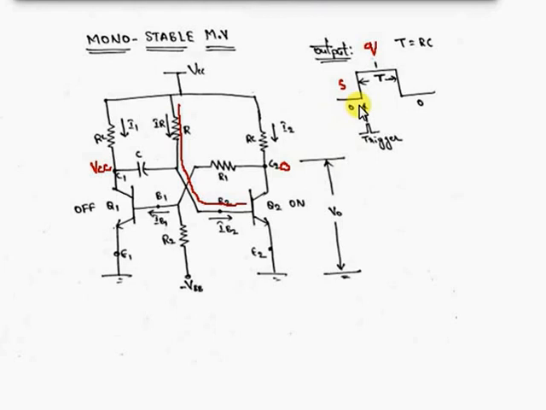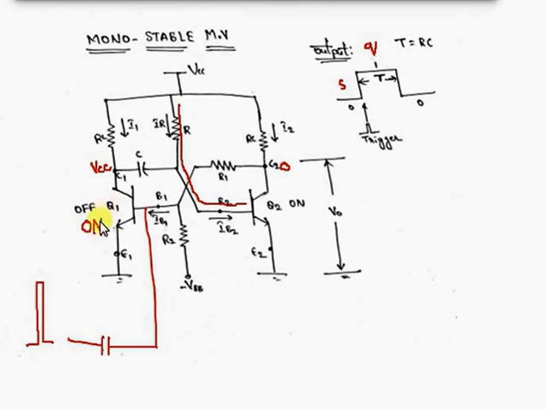In order to change the state from 0 to 1, we have to apply an external trigger at the base of transistor Q1. The external trigger should be a large positive voltage signal. This is sufficient to change Q1 from off to on, that means forward bias. So now transistor Q1 is in the on state.